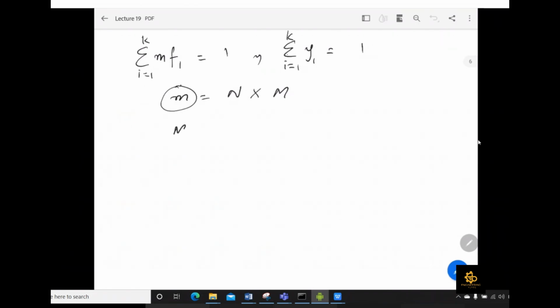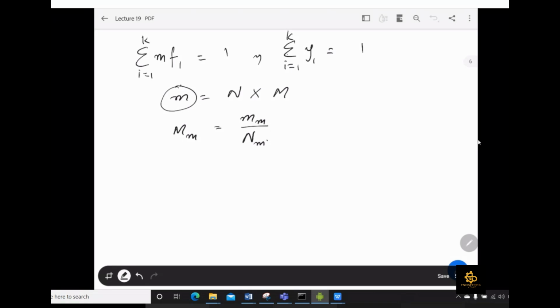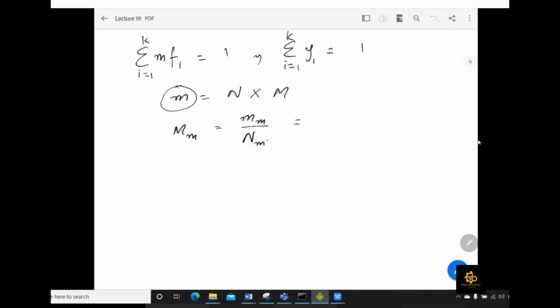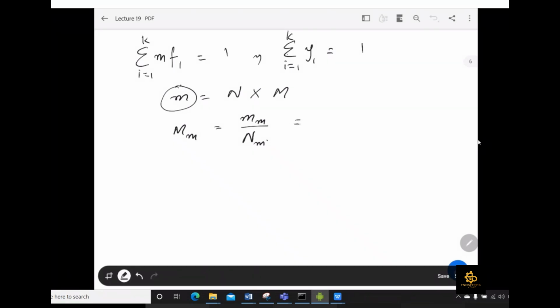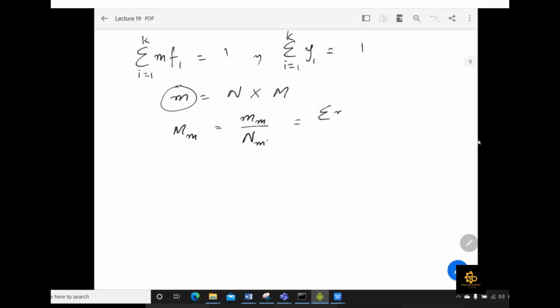So we can define the molar mass of the mixture as equal to the mass of the mixture over the number of moles of the mixture. In the previous slide, we already know that the mass of the mixture is basically the sum of the masses of the individual components, and this is the mole number of the mixture.